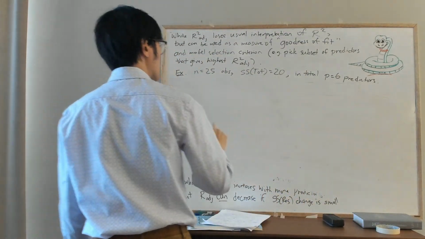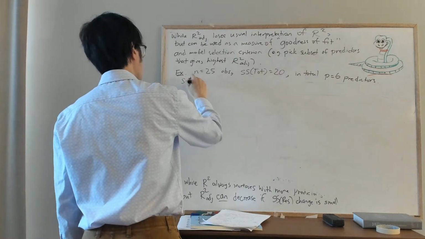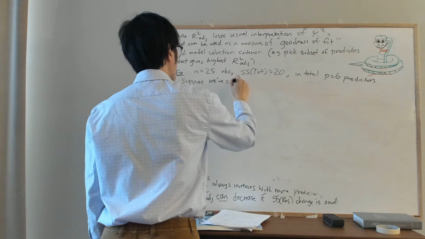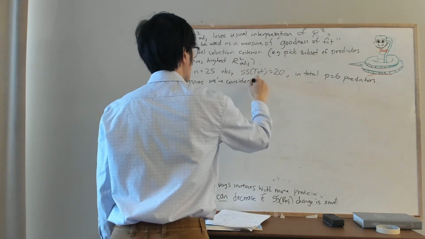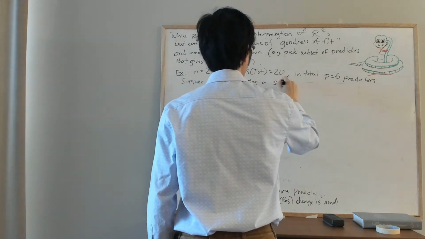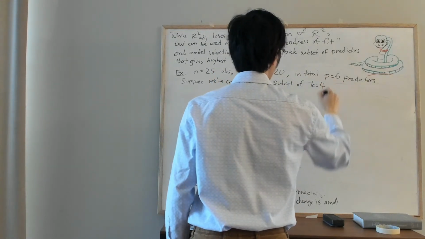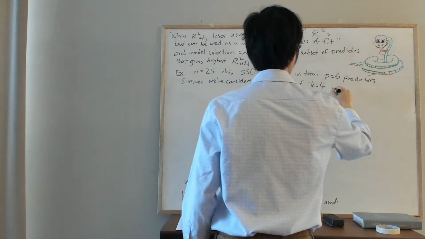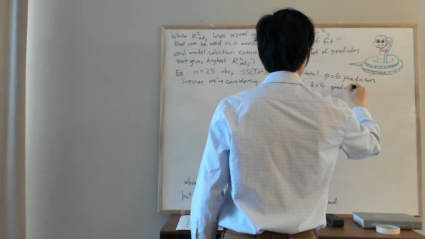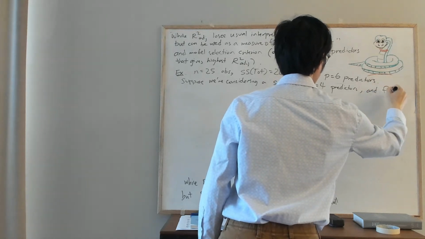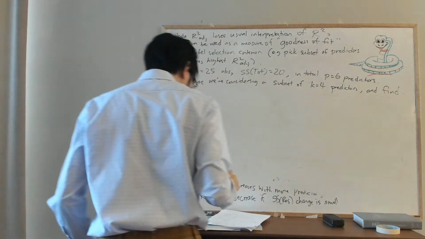Suppose we're considering a possible model, a subset of k equals 4 predictors, and find these statistics.